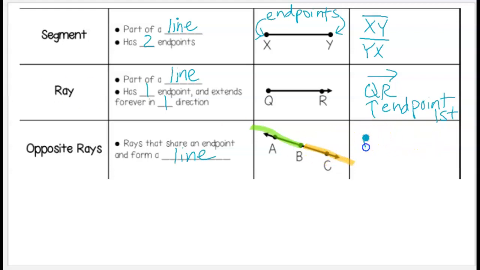So I can name this ray BA for my green one and BC for my yellow one, and together they form the line AB or BC. Any 2 points, just like we talked about previously for that line. But for these two particular rays, they must be BA, endpoint first, and BC.